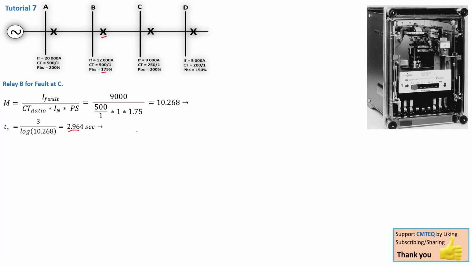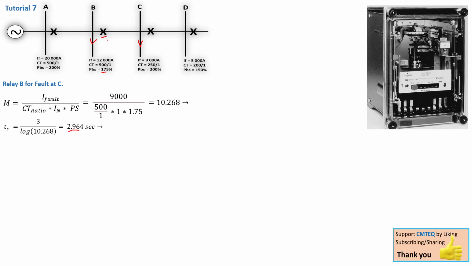But okay, we are not done here. We need the actual time. What will be the actual time here for this relay? Now remember, there are two types of actual time. You have one actual time for the fault on its own bus bar where this relay is located, and you also have an actual time for the fault on the other bus bar.